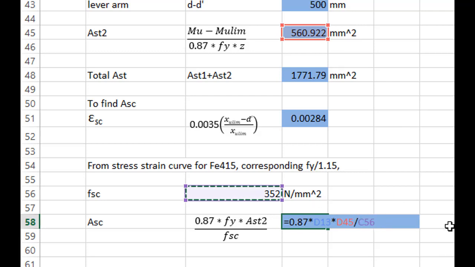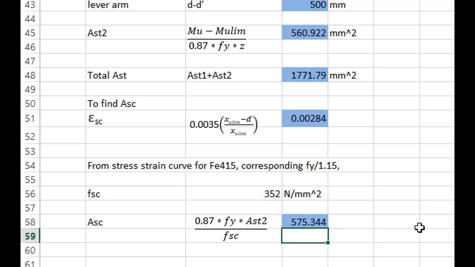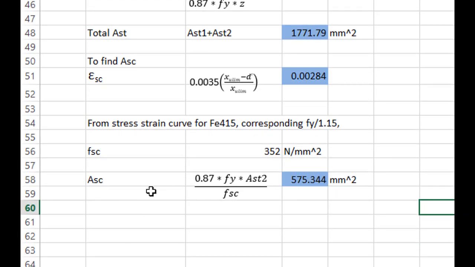So we have obtained the value of ASC as 575 mm square. Now this is the area of steel in compression zone.